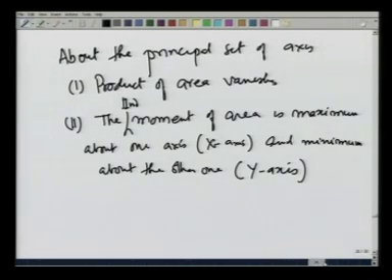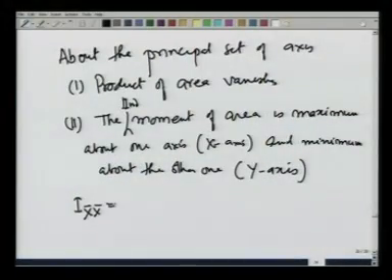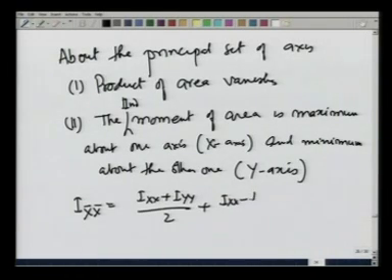So, let us look at I x bar, which is I x x plus I y y divided by 2 plus I x x minus I y y divided by 2 cosine 2 theta minus I x y sine 2 theta, and ask for a new frame such that I x bar is a maximum.